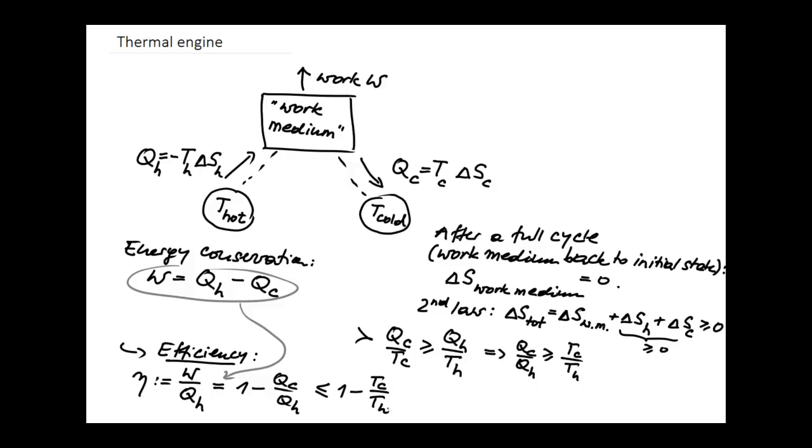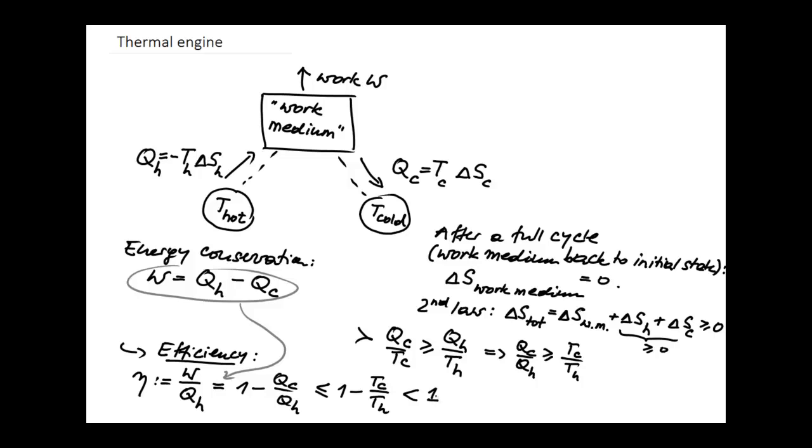And this means unless the cold reservoir is at absolute zero temperature, which in practice you can never achieve, this efficiency is strictly smaller than 1.